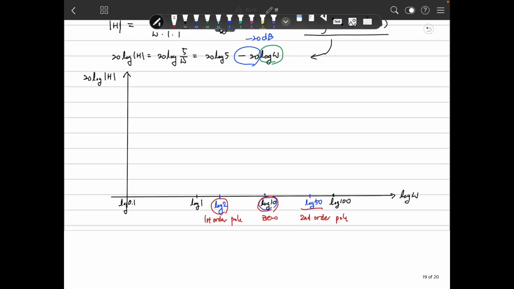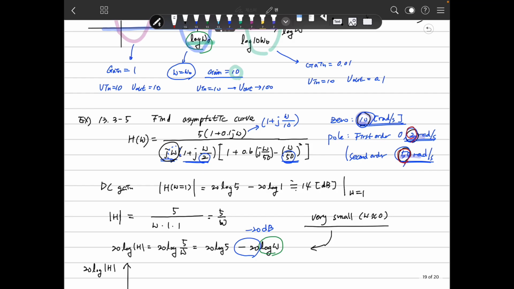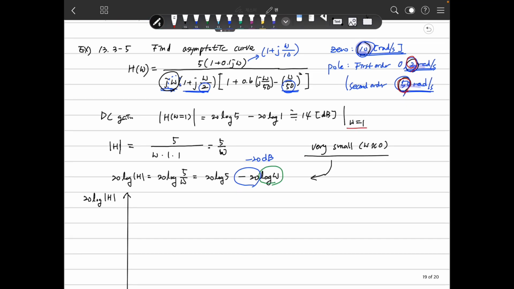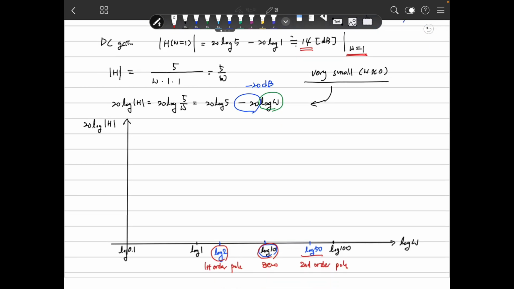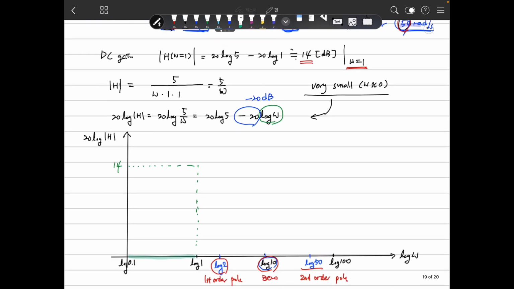So to do that, we need to find out some values. We have a DC gain here. We define when omega is 1, that is 14 dB. So here there is 1, and that value will be 14 dB. And before omega 1, in this area, the slope was minus 20.